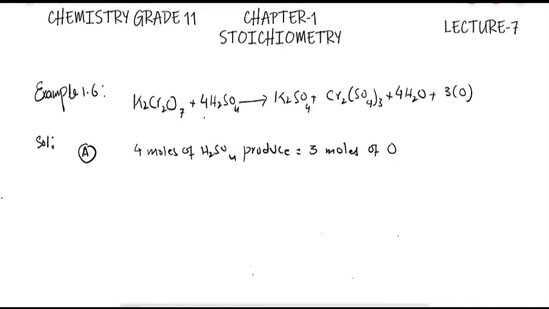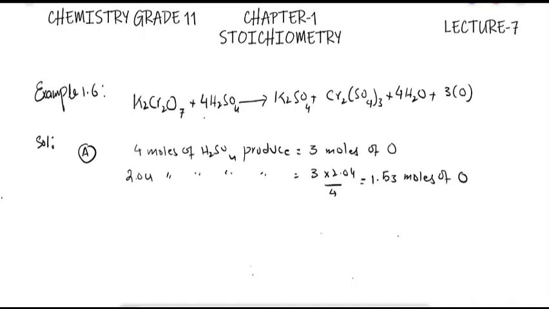But what we have in our hands are 2.04 moles of sulfuric acid, and that will produce 3 into 2.04 divided by 4, and this is equal to 1.53 moles of atomic oxygen.